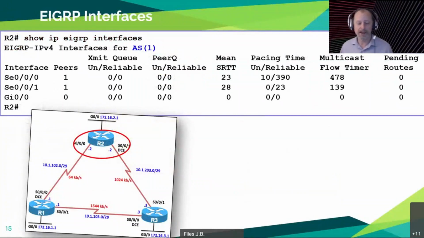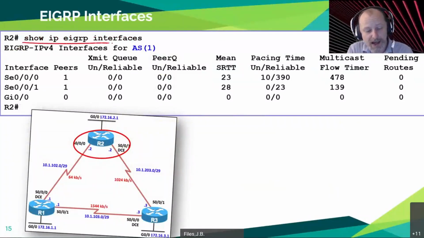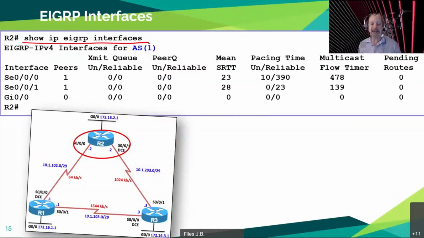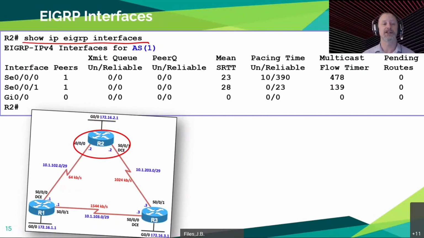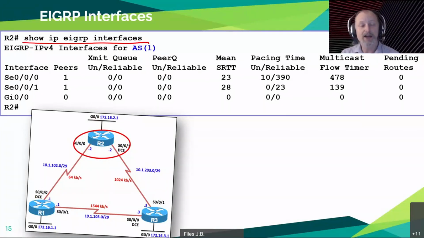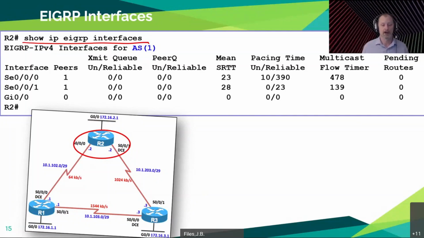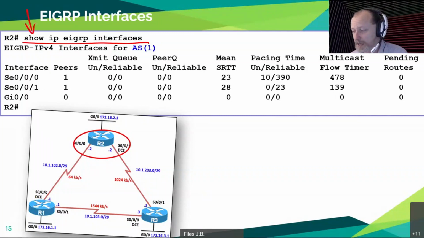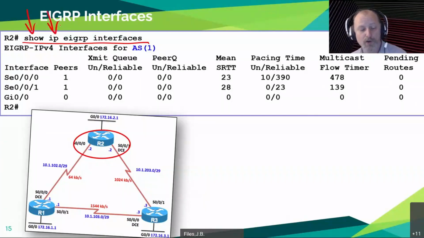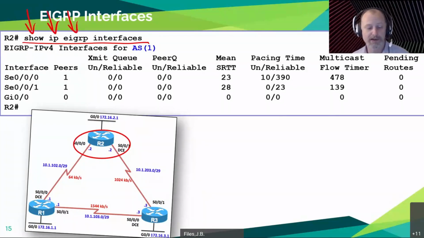All right, so here we're looking at R2. We can see that with this command, show ip eigrp interfaces, this gives us a little bit different information. This is telling us, okay, again, remember, whenever you look at these commands, they're hierarchical in nature. All right, so we're saying, show me something, right? Show me IPv4 related stuff, specifically related to EIGRP.